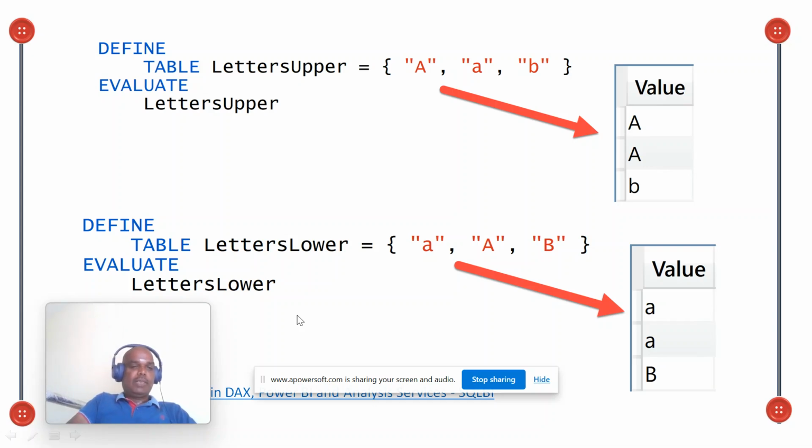You need to be very careful to display your results, especially when you are using Power Query and if you want to do a single entry conversion, this will happen. So you need to be very careful when you are dealing with case conversions in Power Query.